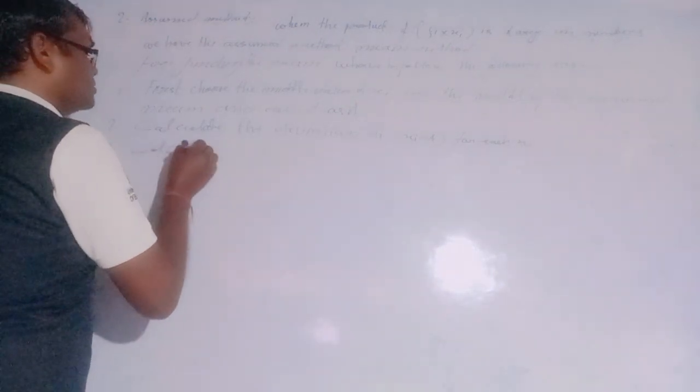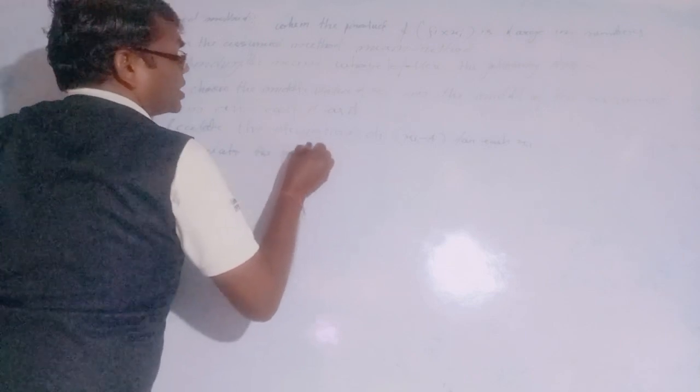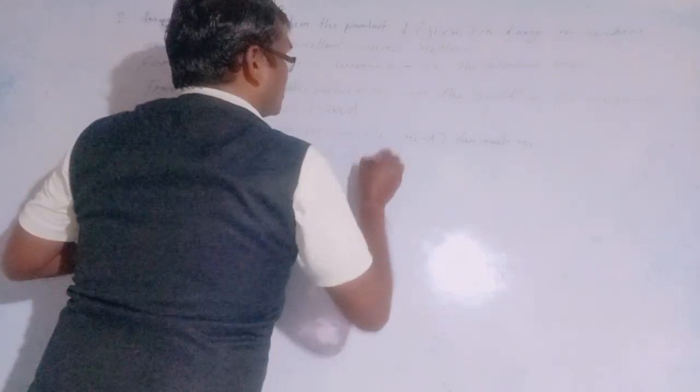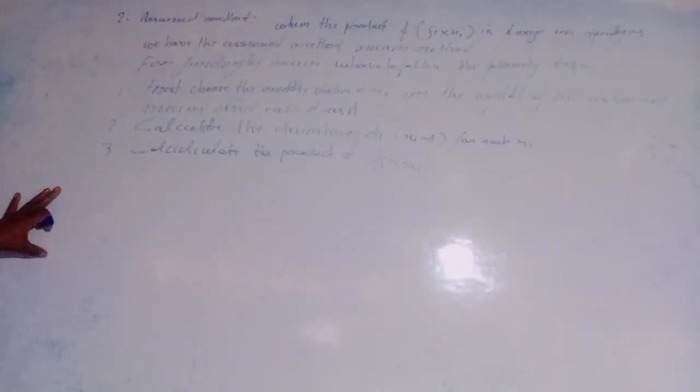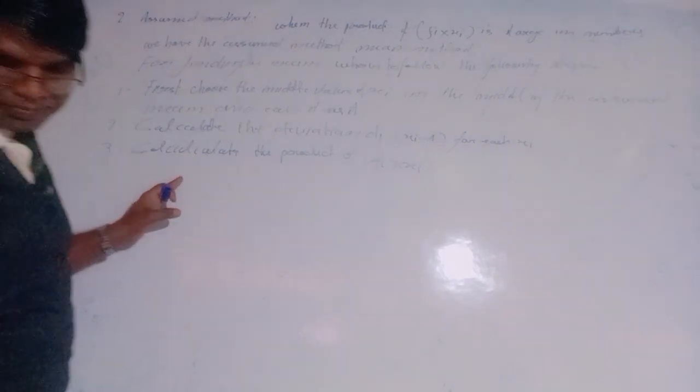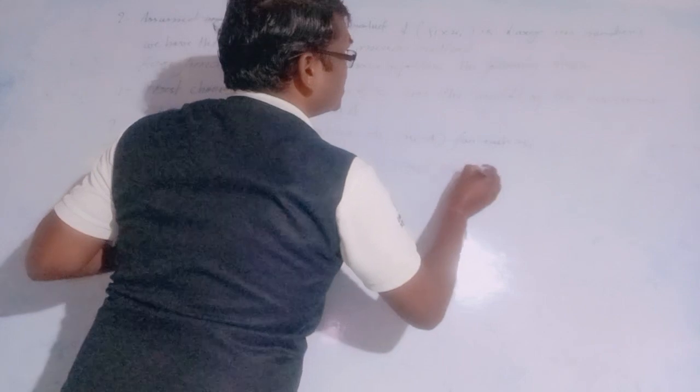And the third step, calculate the product of fi into di for each i.